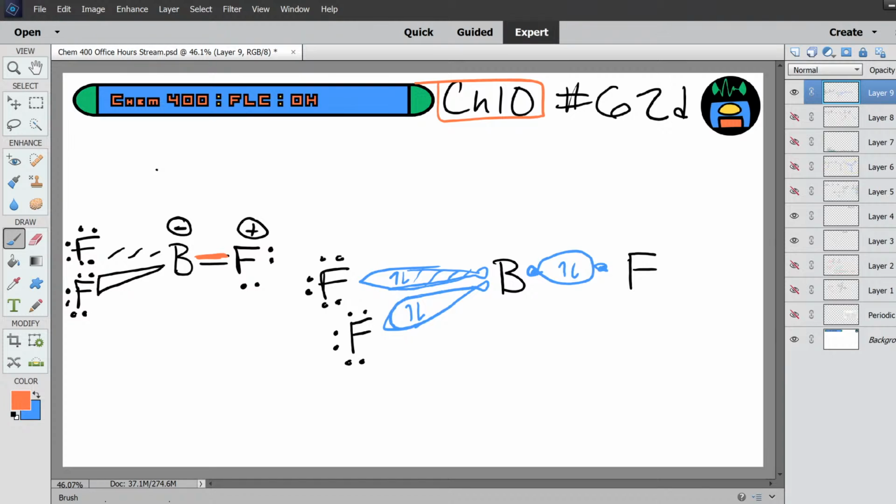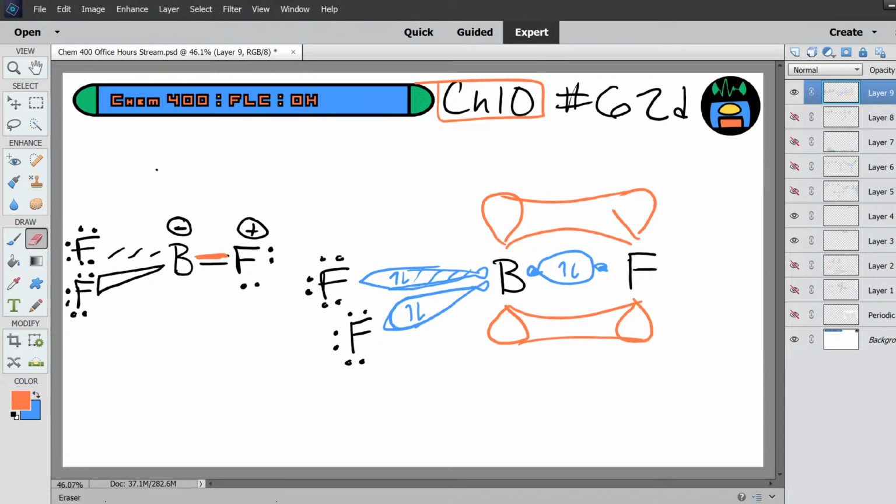We have a pi bond going on as well between boron and fluorine. So to draw our pi bond, we draw the p orbitals, and because they're engaging in indirect orbital overlap, they blur both above and below the existing sigma bond.